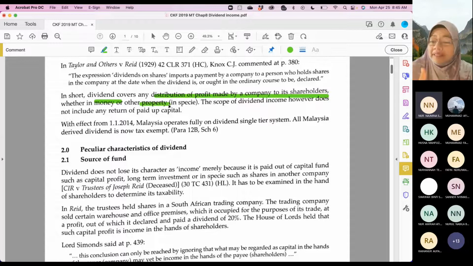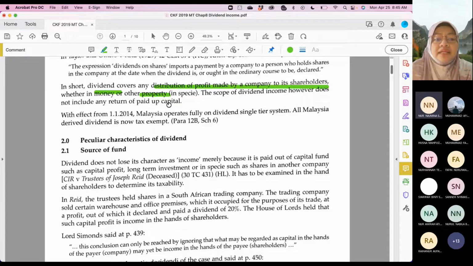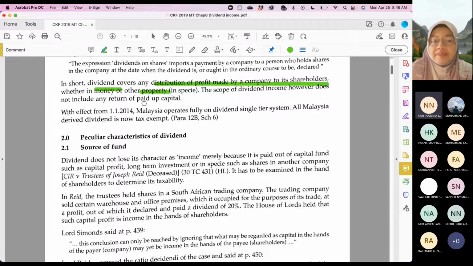The company may not have enough money but may have other assets, and the distribution of those assets to the shareholders also falls under dividend. However, it does not cover any return of paid up capital. If the company pays back the capital invested, that is not a dividend.